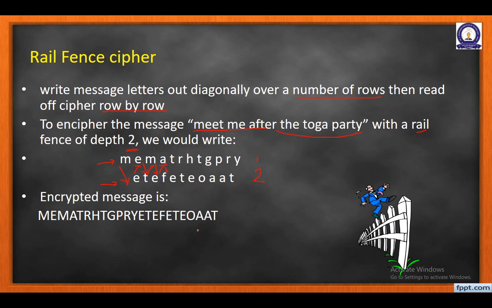If you know the techniques of the transposition cipher, then you can work on this. If you don't know, and you simply see this as a cipher text, then it will be a bit difficult to find out the plain text.